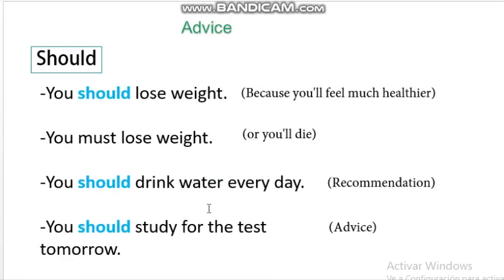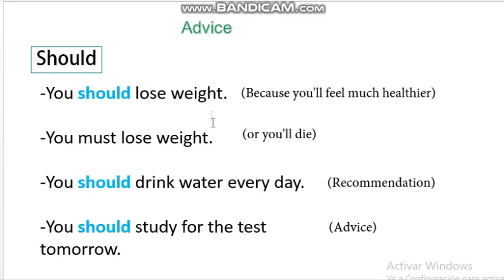Now we are going to see should. You can use should to give advice too, but must is stronger, as I told you before. When we use should in a sentence, it gives the meaning of "it's a good idea."